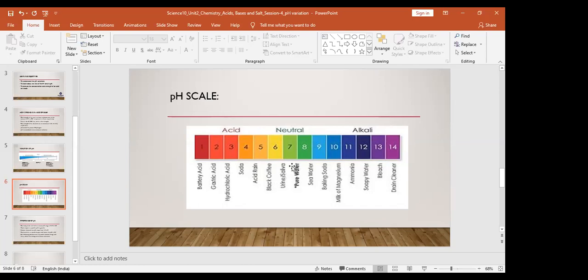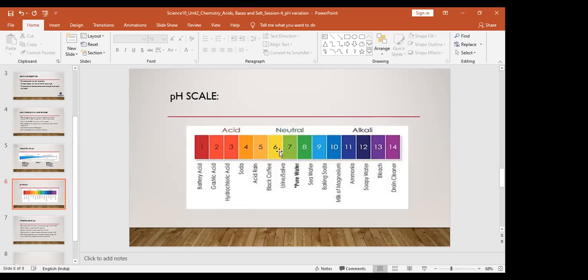Whereas pure water, that is distilled water, is exactly 7. Now pure water or distilled water is 7, but not our tap water. Tap water does contain certain electrolytes dissolved in it. So tap water always ranges a little less than 7.